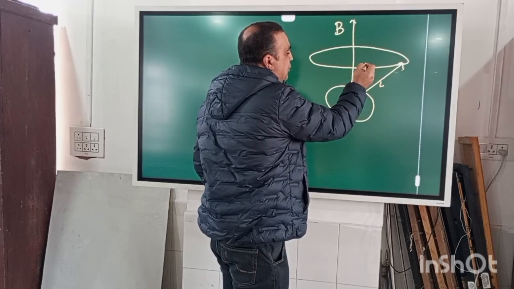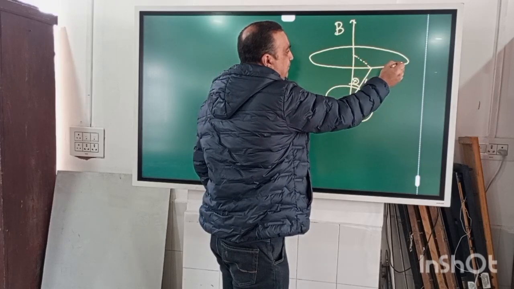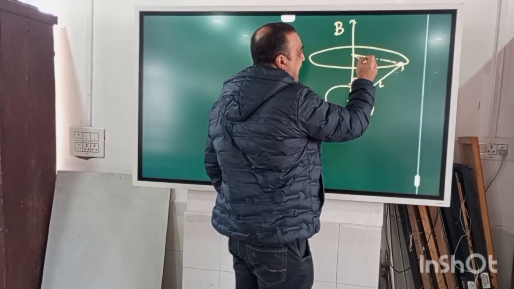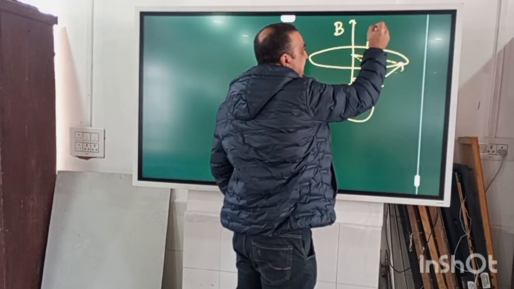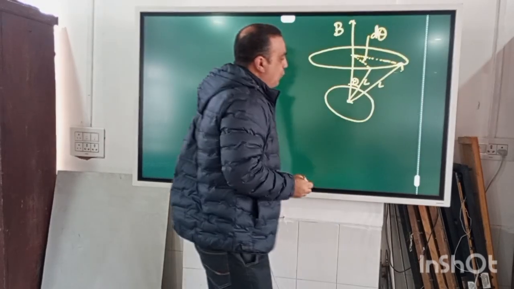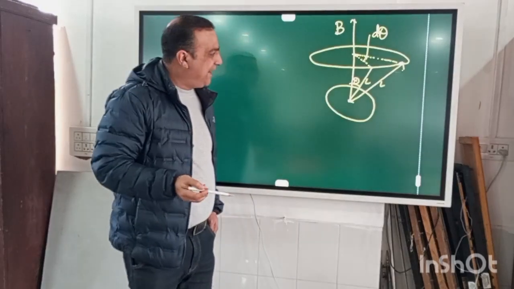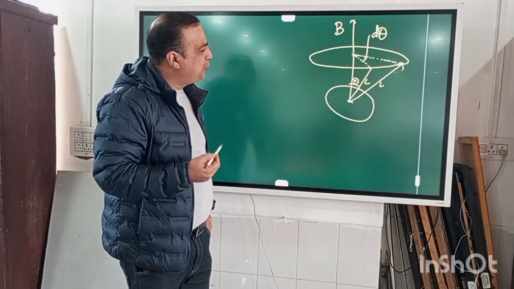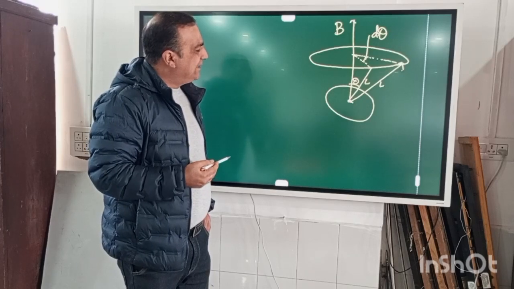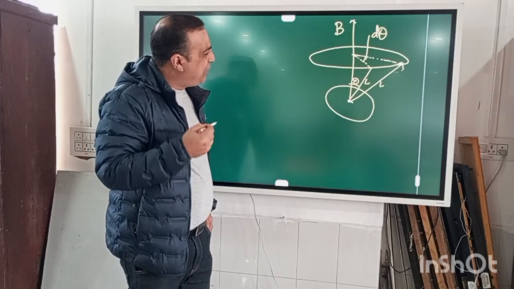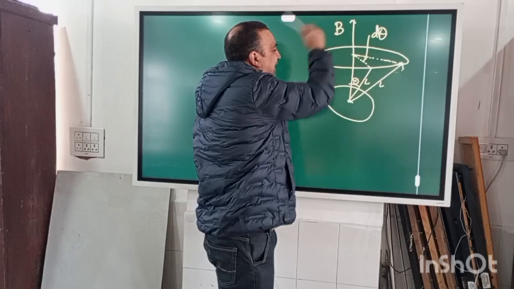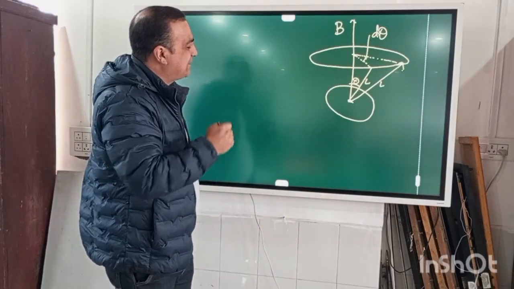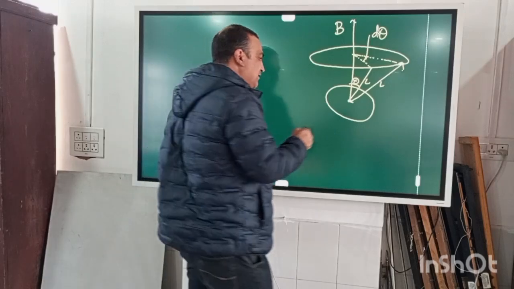If I make a projection of this and assume that this angle is d theta, then on applying the magnetic field we obtain a precessional motion of the electron, and the direction of the angular momentum keeps on changing with respect to the magnetic field, but its magnitude is constant. Its magnitude does not change.